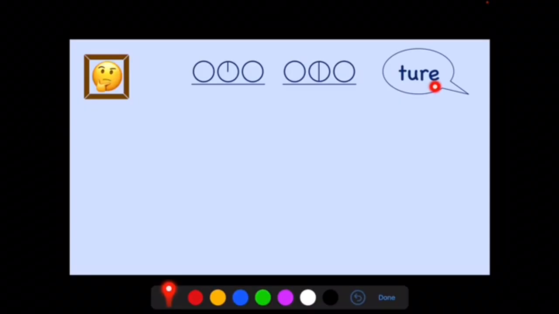And when we write it, we add an E because we are spelling the sound U with a U consonant E spelling choice. Ture. And ture is our regular ending.